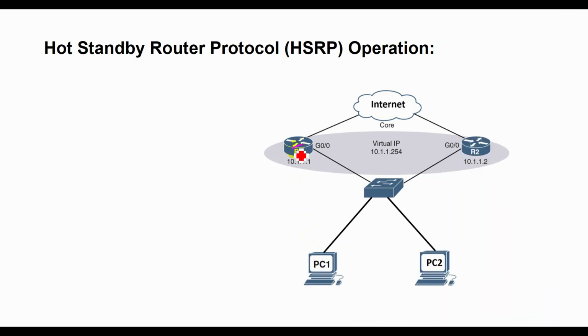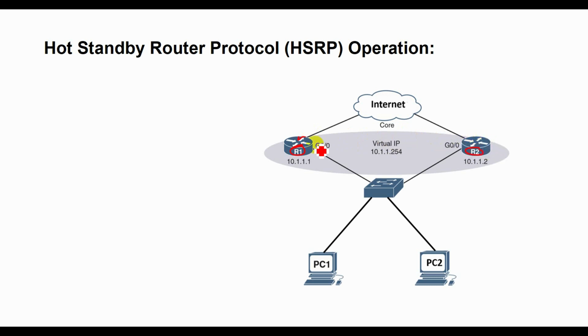For example, you have two HSRP routers, router 1 and router 2. These HSRP routers send each other messages to negotiate which router should be active. Then they continue to send each other messages. For example, the active router will send hello messages to the routers that are in standby mode.